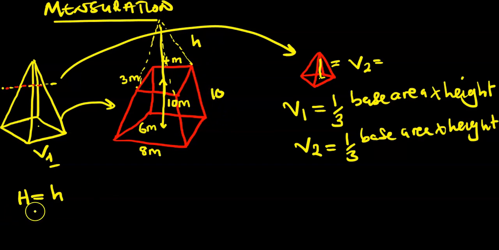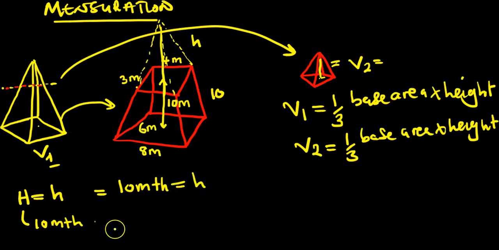So now the big H will be the given height, which is 10 meters, plus small h. This one gives the big H. So where there's the big H here, I'm going to put 10 meters plus h. So this is the ratio that you are forming.